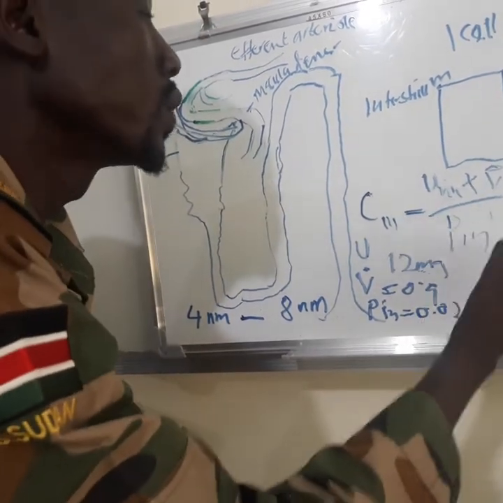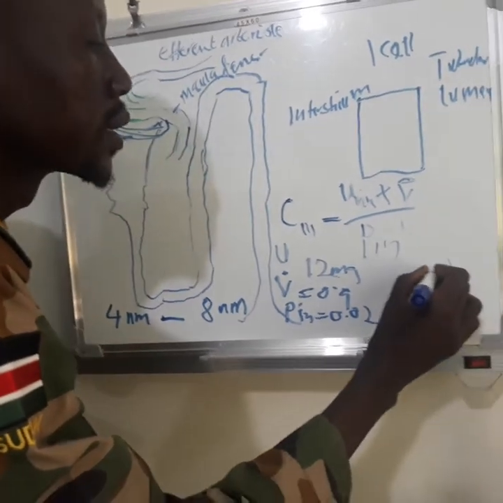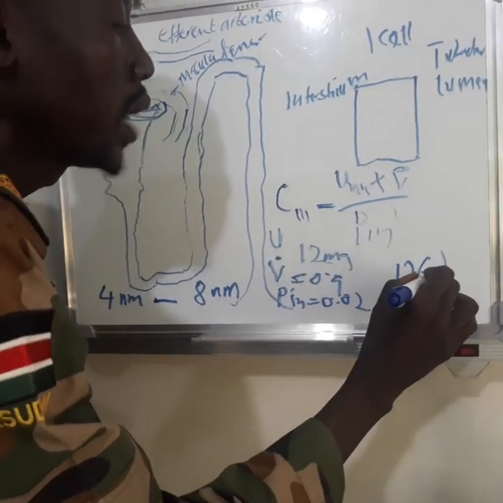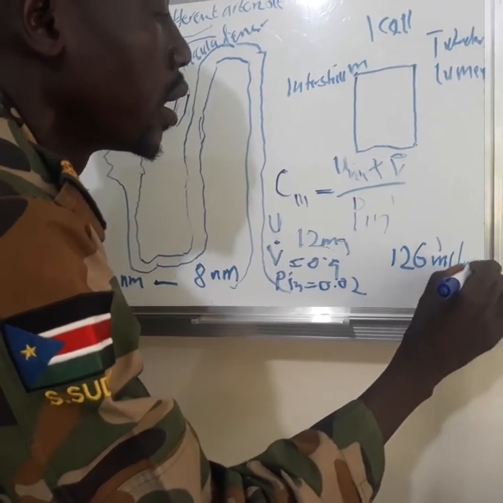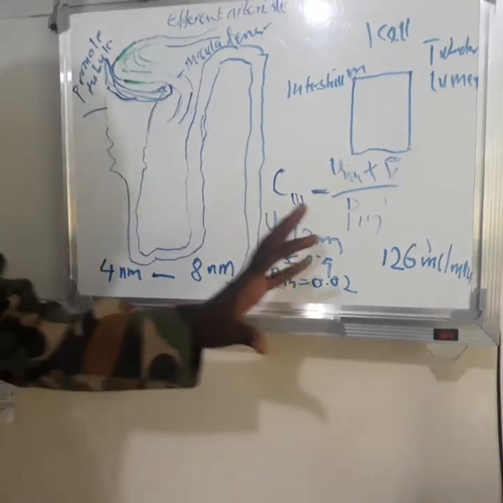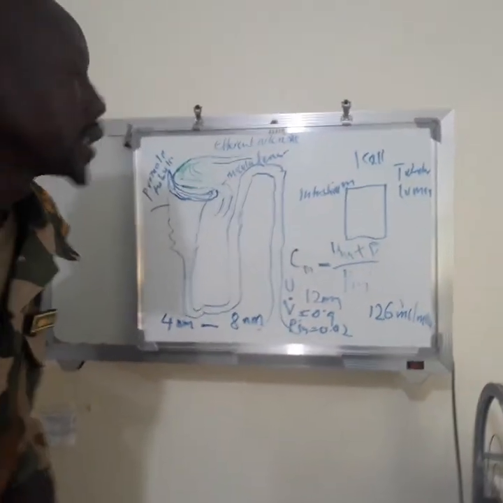When we substitute all this, we are going to get a number like 126 ml per minute. So this is the glomerular filtration rate.